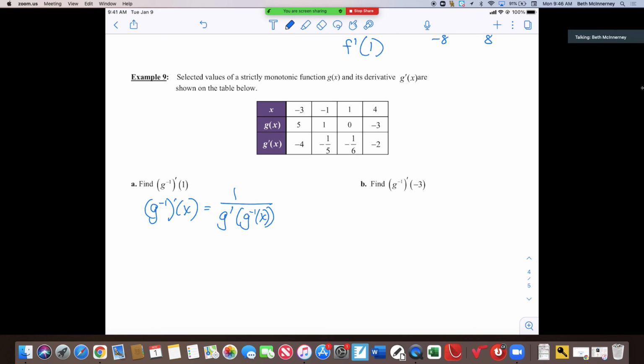And I strongly recommend that you write this step out just because it's going to help you remember it, not because you have to.